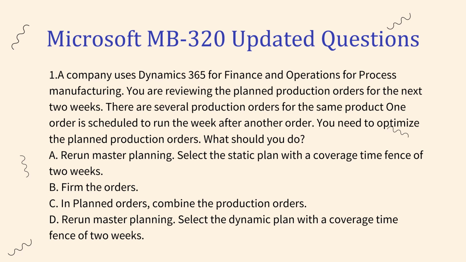What should you do? A. Rerun master planning. Select the static plan with a coverage time fence of 2 weeks. B. Firm the orders. C. In planned orders, combine the production orders. D. Rerun master planning. Select the dynamic plan with a coverage time fence of 2 weeks.